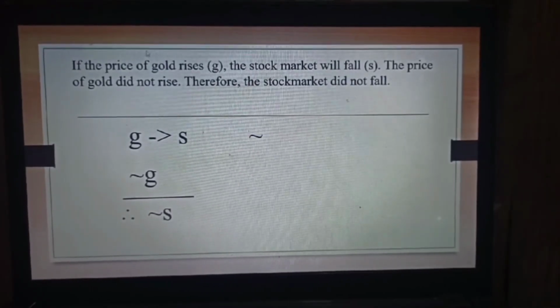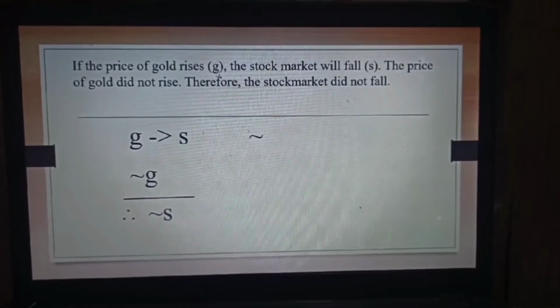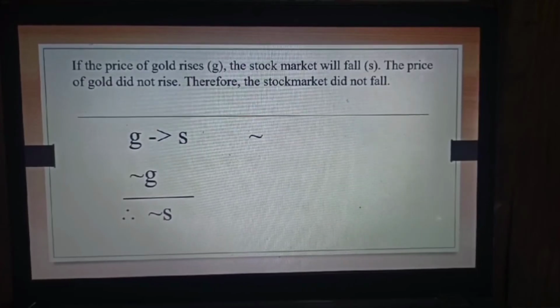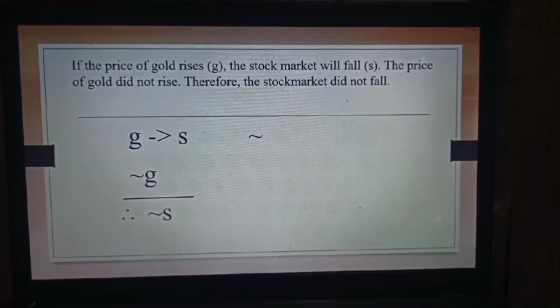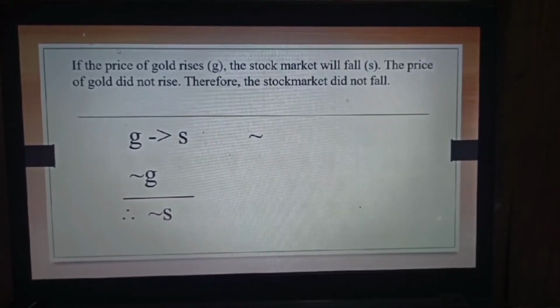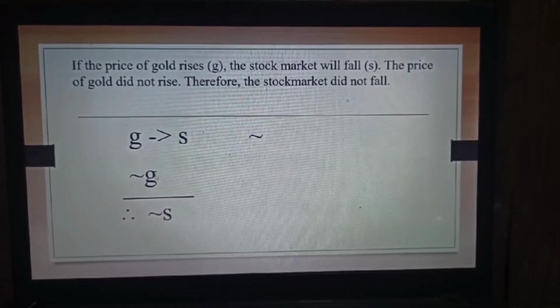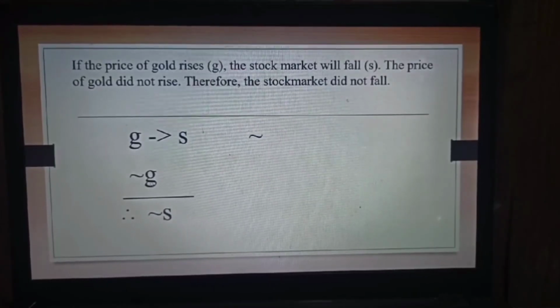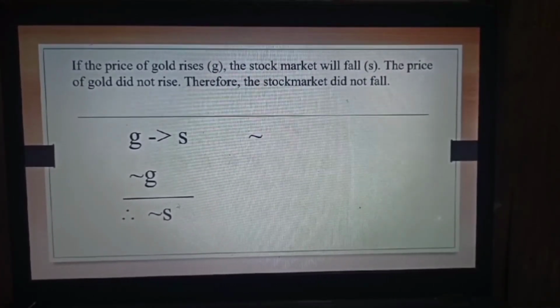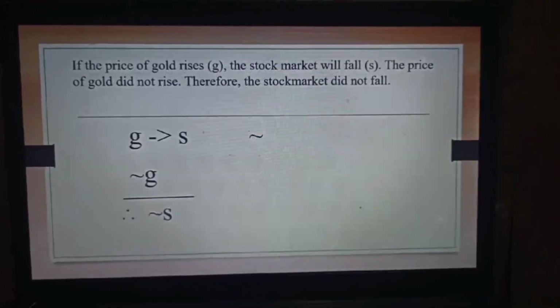Yung the price of gold rises, i-represent niya yung G. So, ibig sabihin, the price of gold did not rise, ang negation ng letter G. So, ganito yan. Not G. So, itong not G dito is the second premise. Then, lagyan ng linyang ganito. Therefore, the stock market did not fall.